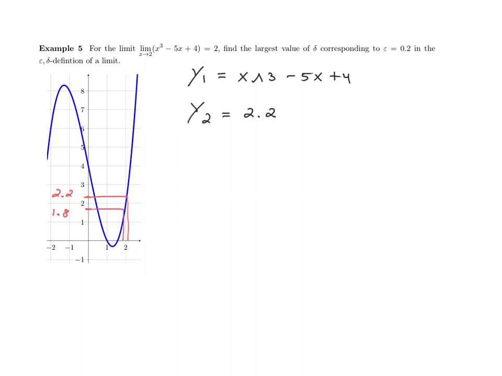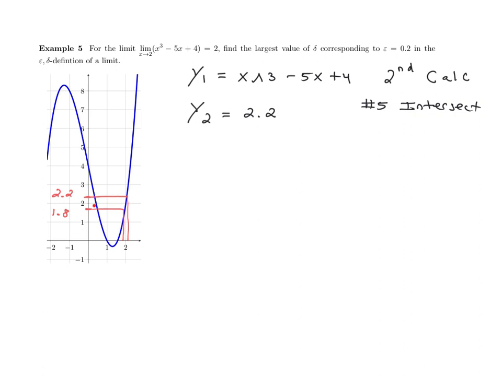The next thing I'm going to do is hit the second button and then where it says calc. It gives me a whole bunch of options, but if you choose the fifth option, it says intersect, which is what I'm looking for. I'm looking for when this equation intersects that one, and my calculator will actually tell me the x value. It asks first curve.